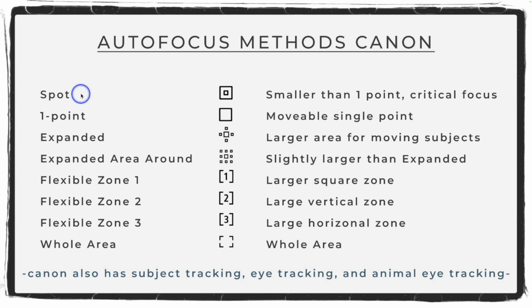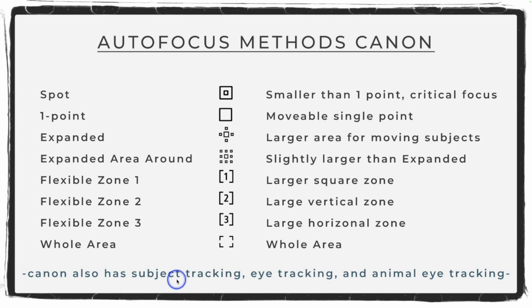For Canon, we've got spot, 1 point, expanded area, around, flexible zone 1, flexible zone 2, flexible zone 3, and the whole area. And just to note before we get going, Canon also has subject tracking, where it can automatically identify a subject, eye tracking, and animal eye tracking. It can also do animal tracking as well.